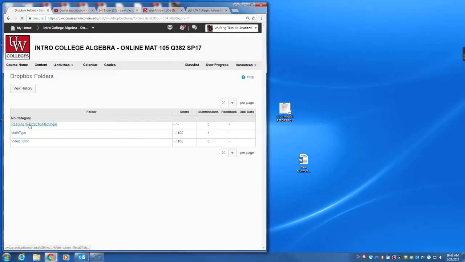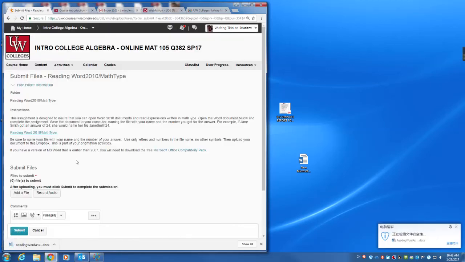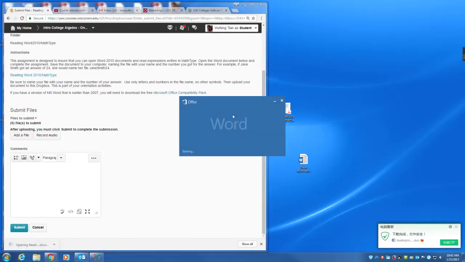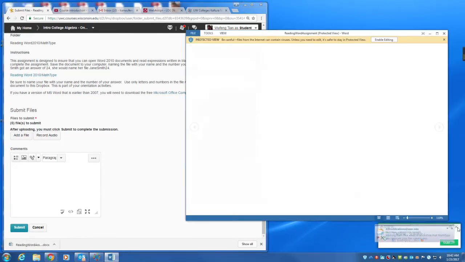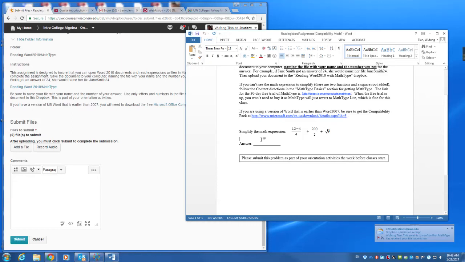Okay. So reading that, you do something here, reading math word. It's not really significant, not a very important thing. You just read it and finish this. It takes about 5 minutes. Okay, simplify expression. Answer, please submit the problems. 12 over 4 is 3, 8 divided by 2 is 4, plus 100 plus that.